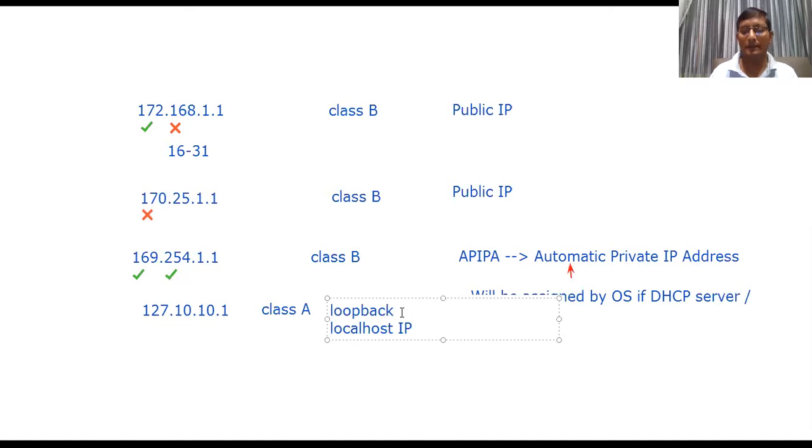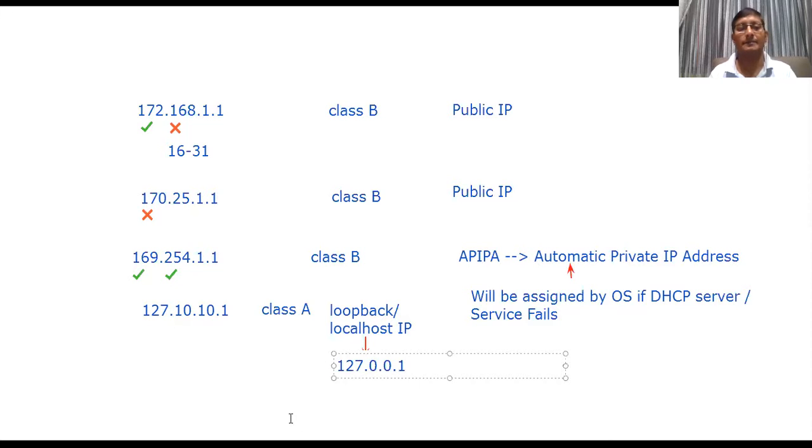Most of the time, whenever you find localhost, it is nothing but 127.0.0.1. It belongs to the 127 range. I will show this practically so that you will get more clarity.